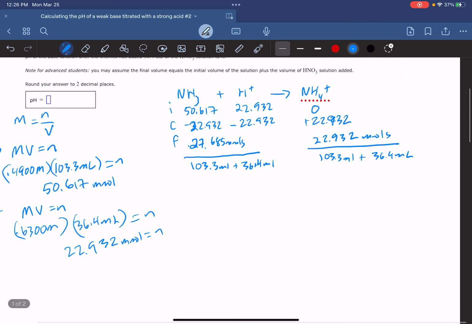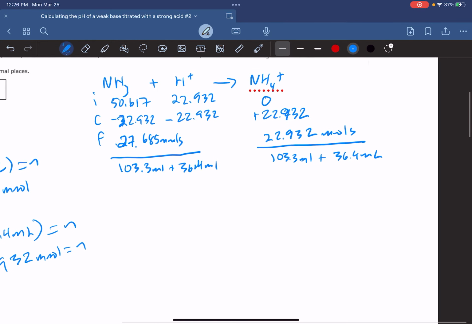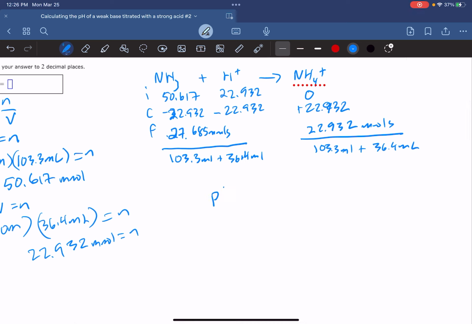And what's cool about this is that when we go to put it into our Henderson-Hasselbalch equation, remember, our Henderson-Hasselbalch equation is pH is equal to the pKa plus the log of our base over our acid.